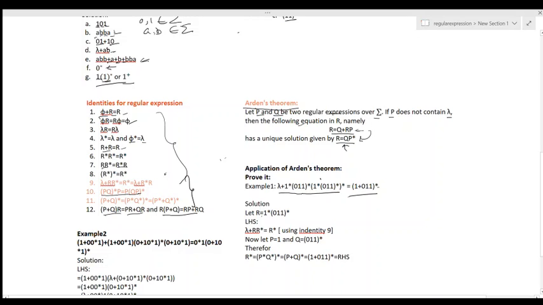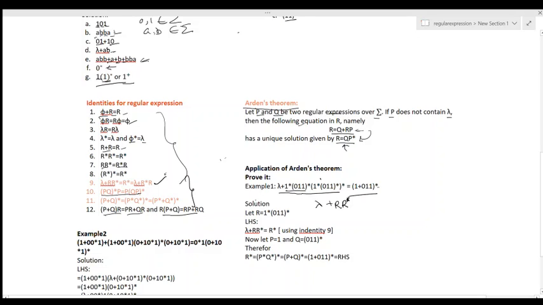Start with this as R. Let's suppose this is R. So the left side becomes lambda plus R star, which we have seen in identity 9.